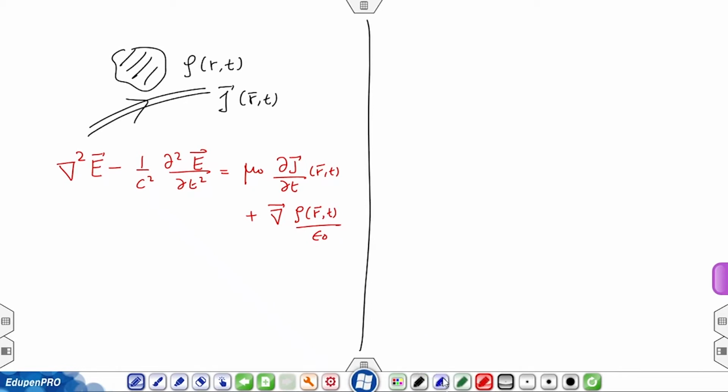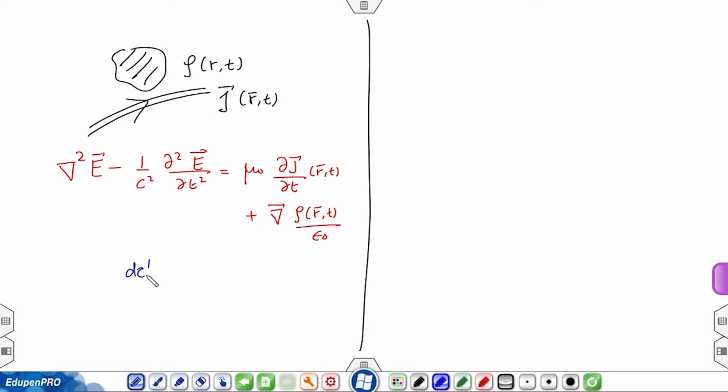So, if I consider a small volume d tau prime, this gives a solution for E at r, but that will be considered at a retarded time.